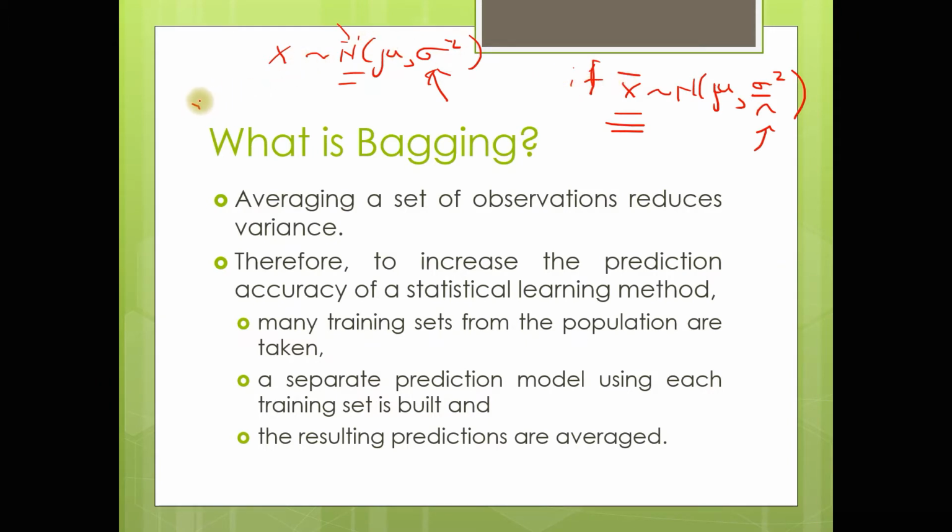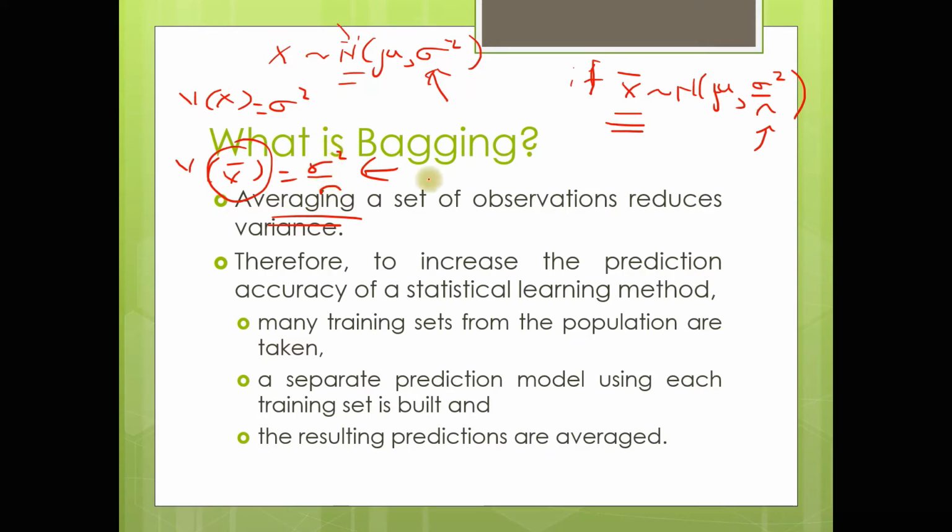It's just that if the variance of X is equal to sigma squared, we all know that the variance of X bar would be equal to sigma squared over n. So this is why averaging a set of observations is expected to reduce your variance, because look at what happens.